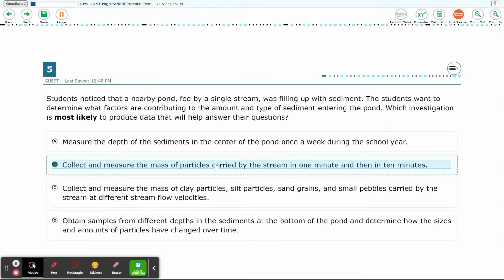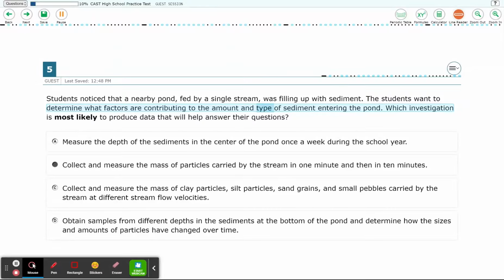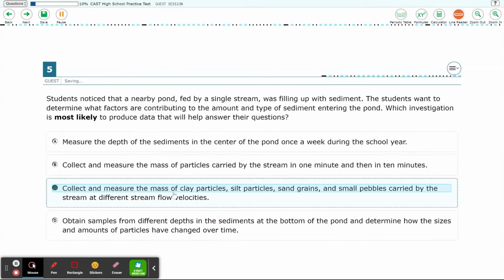B, collect and measure the mass of particles. So at least we're now getting the type of particles, because the type of sediment is separated by the mass or size of the particles, carried by the stream in 1 minute and 10 minutes. So we see time, but we don't see any factors contributing to the amount of the particles.